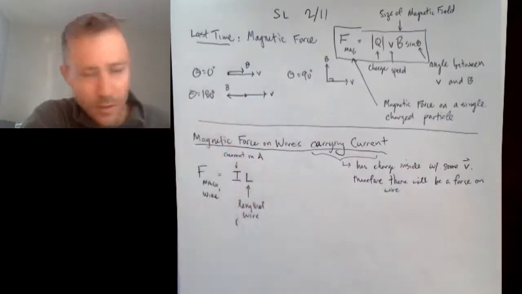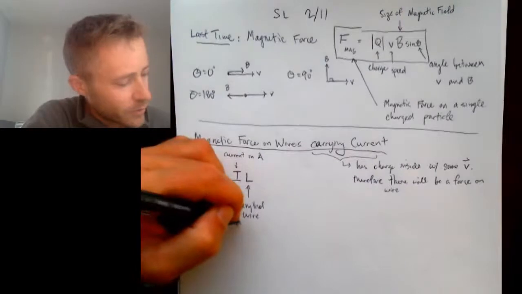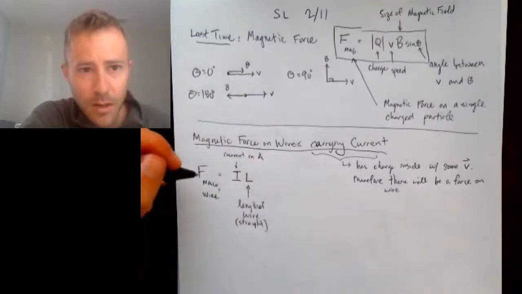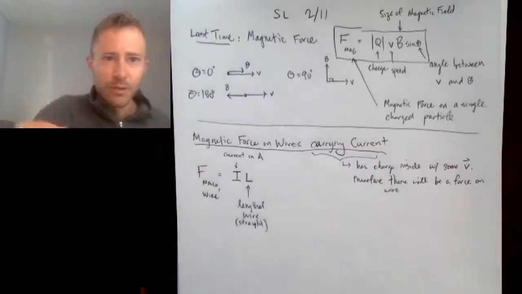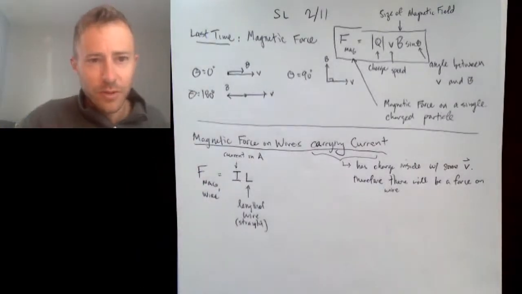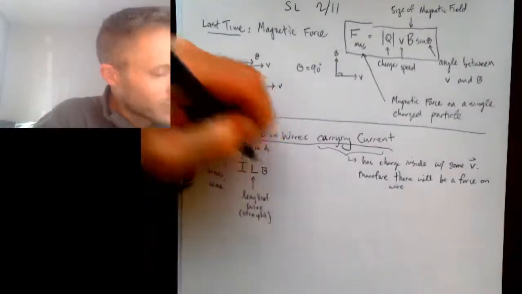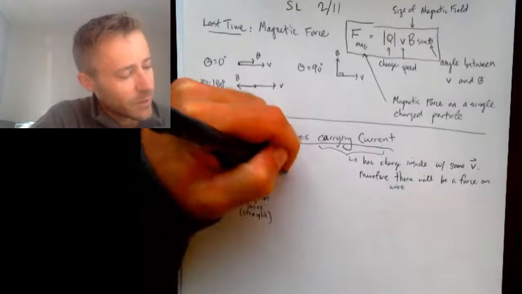This is assuming that it is a straight wire. If you have a wire that's curved, you need to divide it up into segments that are approximately straight and apply this formula to each segment. B is the magnetic field, and then we have sine of theta.